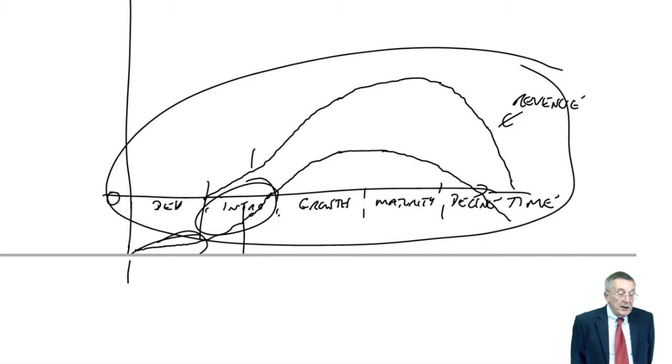Use the 5 phases of the product life cycle to suggest typical costs that are likely to be incurred at each stage. Well, I've already done that. The development phase, the design costs, market research, that sort of thing. The introductory phase, you'll have launch costs, especially obviously advertising, perhaps buying new machines and things.